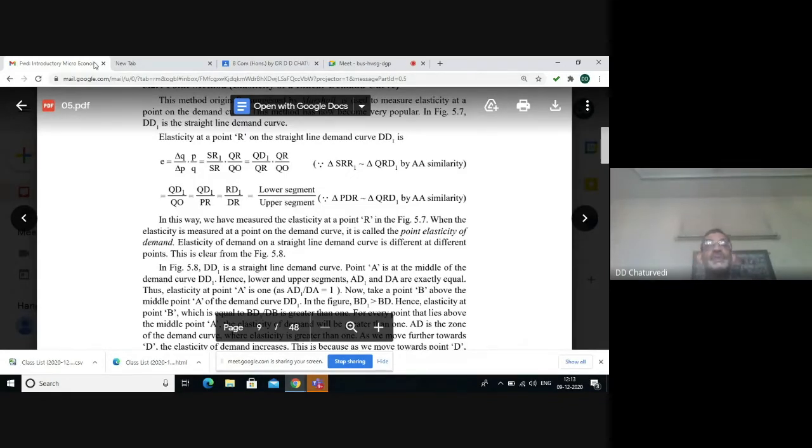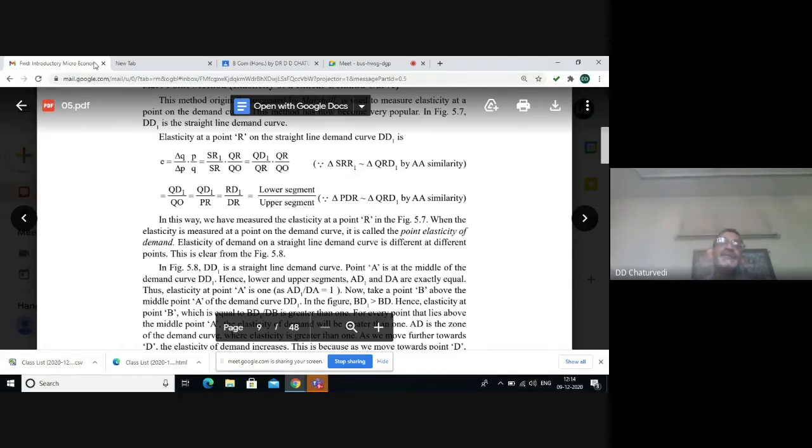Now, since the two triangles SRR1 and QRD1 are similar to each other by AA or AAA similarity, so SR1 divided by SR will be equal to QD1 divided by QR, because similar triangles have sides in the same ratio. So we find that elasticity will be QD1 upon QR multiplied by QR divided by QO. Now, this can be simplified as QD1 divided by QO.